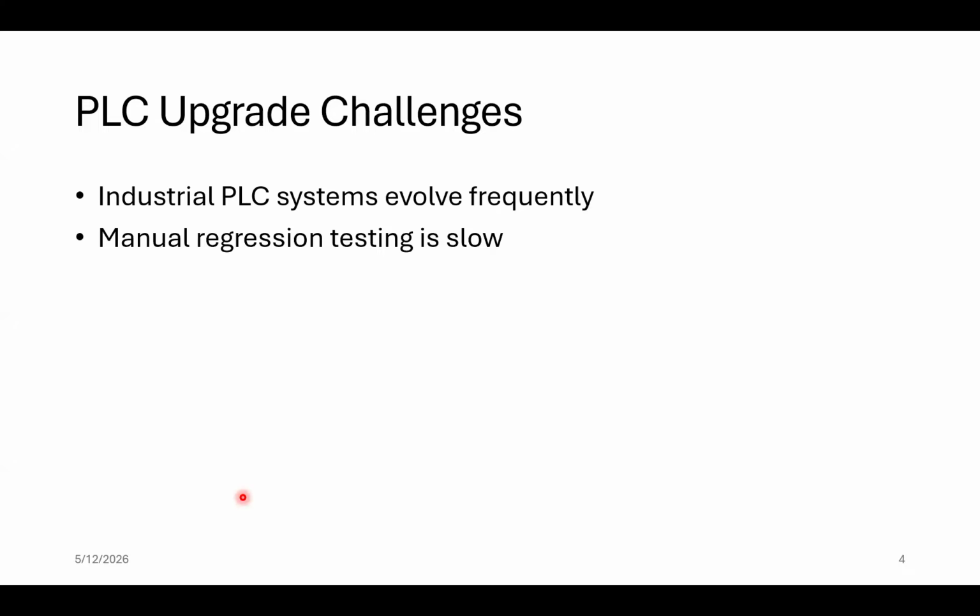Traditional regression testing is manual and incomplete, which means there is scope for bugs. So we ask a formal question: does the new PLC version preserve all behaviors of the old one? If the answer is yes, then we can confidently say that the upgrade can be certified.